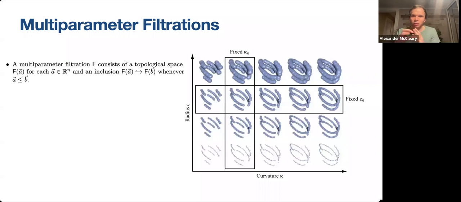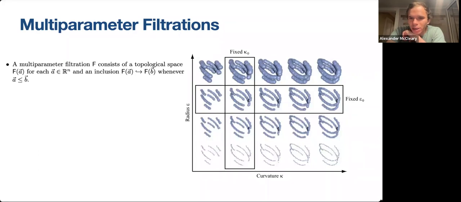So you can think about this as the usual Vietoris-Rips parameter. We're growing balls around each point in the data set. But on the x-axis, we're filtering by curvature.